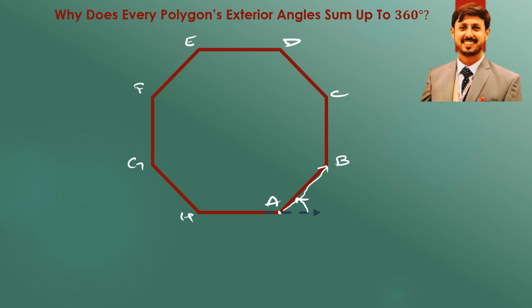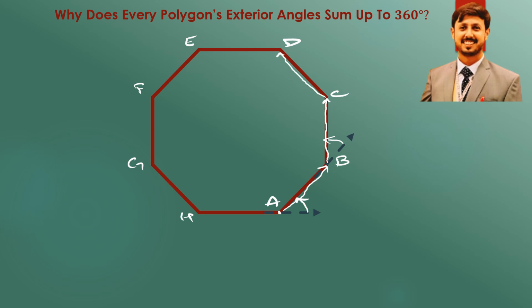Now you are at point B, and while moving from B to C, you need to bend yourself from your original path to this direction up to this angle. Now you are at point C, and again moving from C to D.